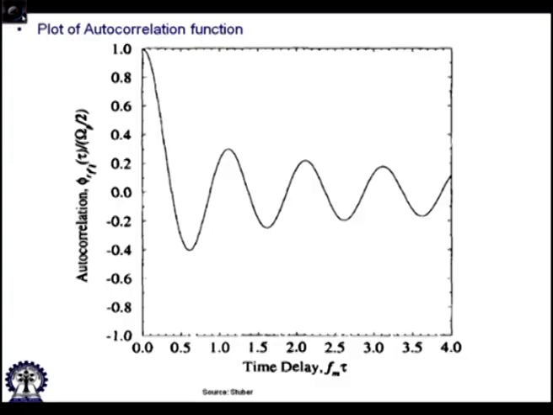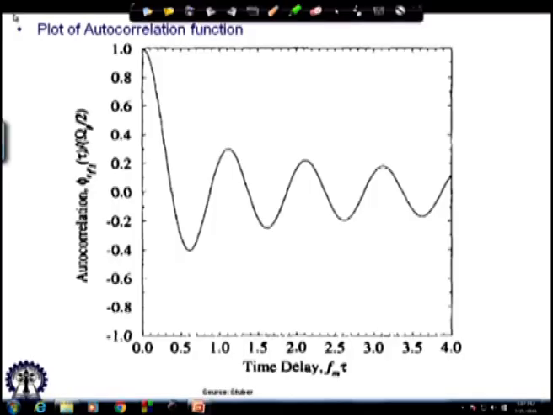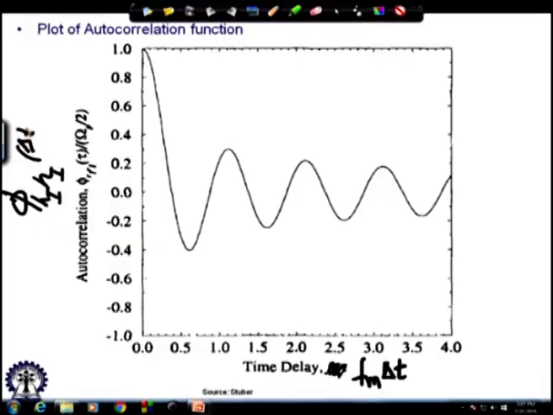We have also briefly shown you this picture, and what I was telling you last time is that it should be a little bit modified because this is a picture taken directly from the book by Stuber. So this x axis is going to be f_m delta t, and this axis is phi_hI of delta t normalized by omega p by 2, because omega p by 2 is the power that is normalizing this particular term.